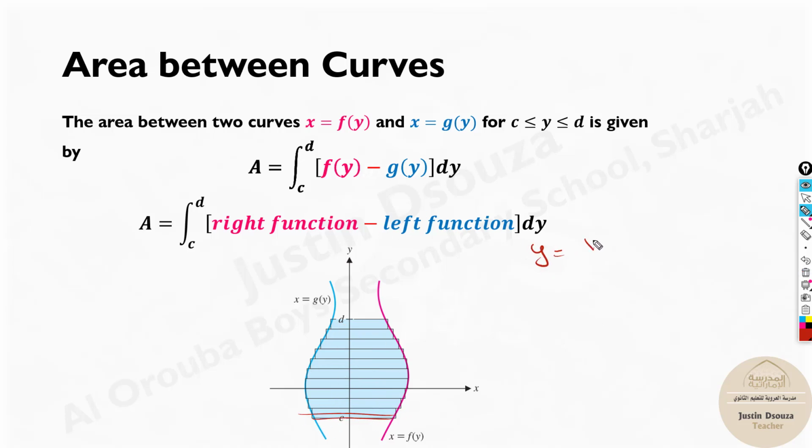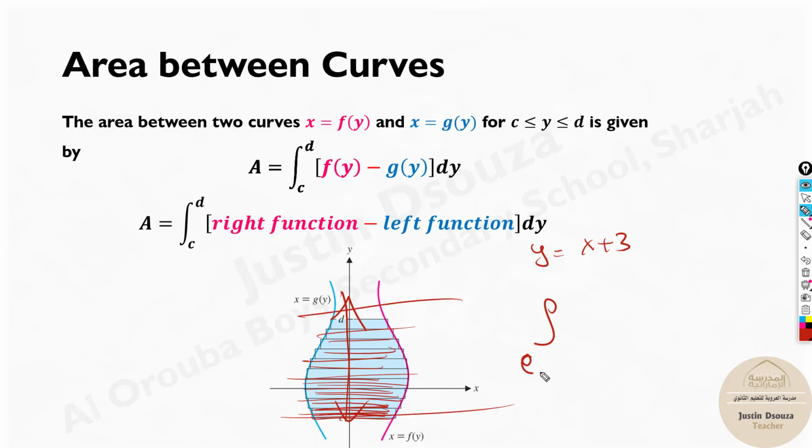When y is equal to, say, x plus 3, just for an example, this function gives you the x values. You're cutting this into lots of subsections, and integration means adding them all up. It goes till infinity, but we want only from, say, C to D. So that is how we find the area.